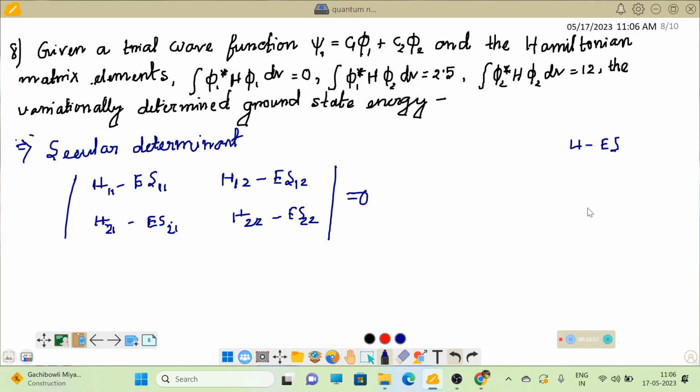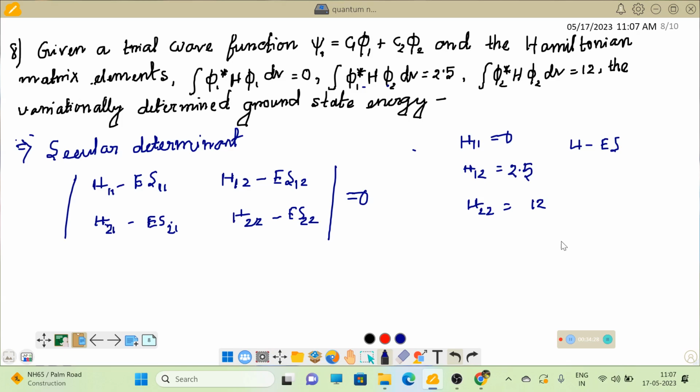So how will we get these values? Here you can see 11 means H11, which is given equal to 0. 12 means H12 equal to 2.5, and here H22 is given as 12.